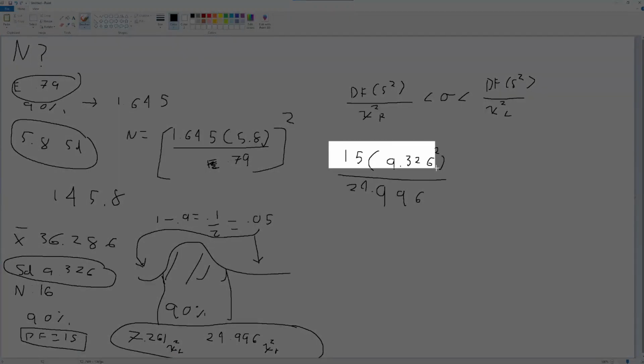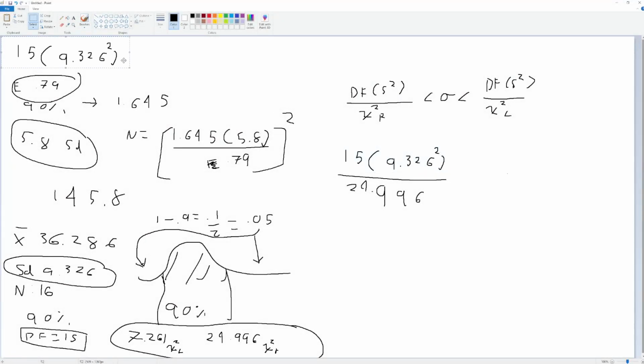And because I'm lazy and don't want to write this again, we're just going to do this. Divided by 7.261. I'll plug those into the calculator really quickly.